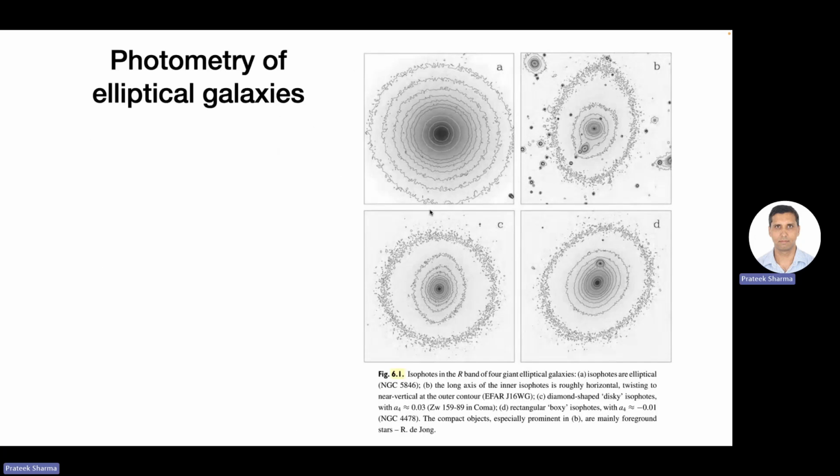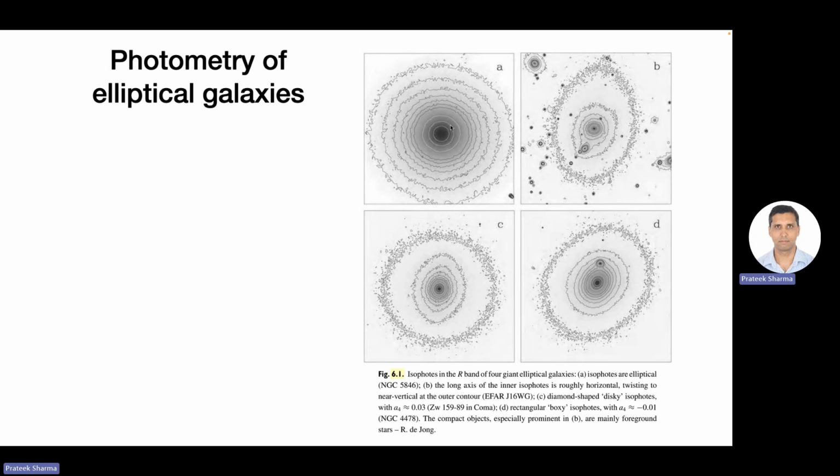Now, elliptical galaxies are actually quite complex. Although they may appear very nice and smooth looking, they are very complex in general. These are 4 examples of the isophotes that we were talking about.